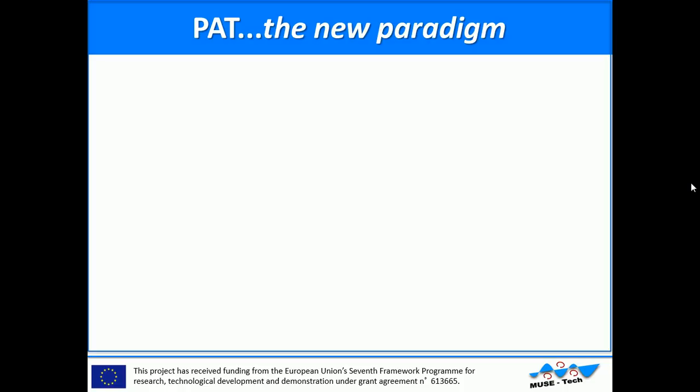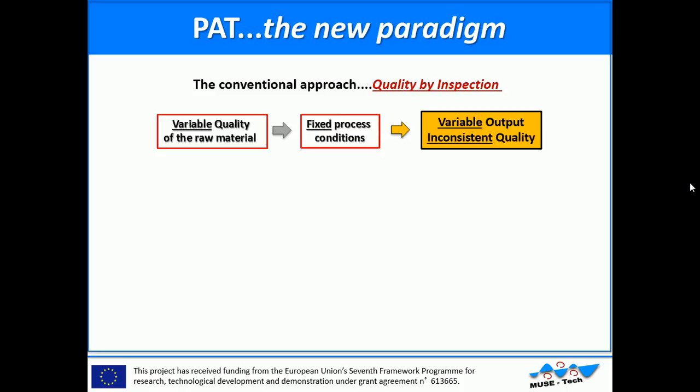But what is the practical impact of PAT on the food industry? One of the main objectives for the food industry is to achieve a desired end product quality in a cost-effective, traceable, and environmentally responsible way.